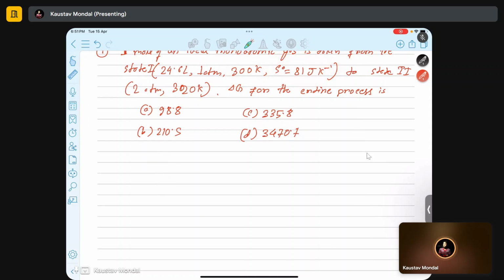From this state, it is transferred into the second state, for which only the pressure and temperature are mentioned: 1 atm is raised to 2 atm, and 300 Kelvin to 320 Kelvin. Now for this problem, we have been asked to calculate the change in the Gibbs free energy.